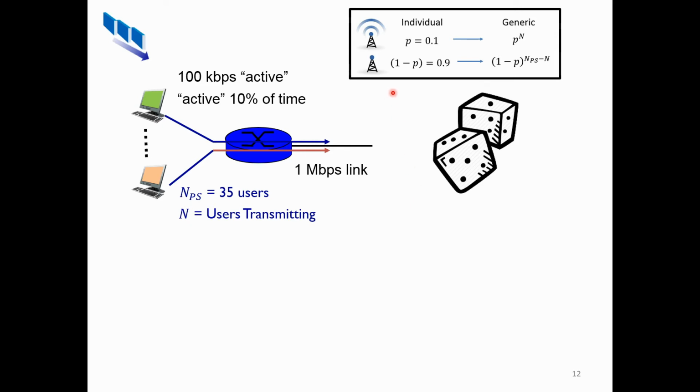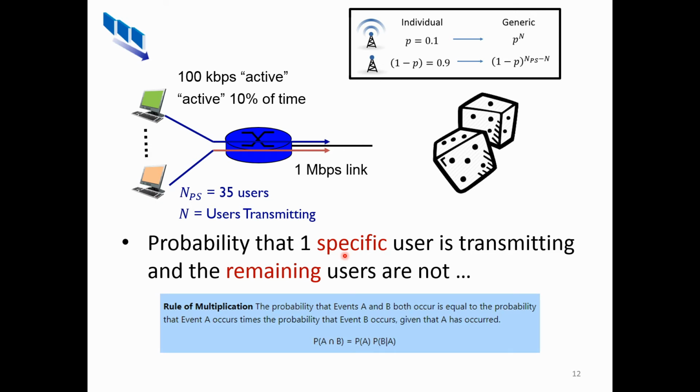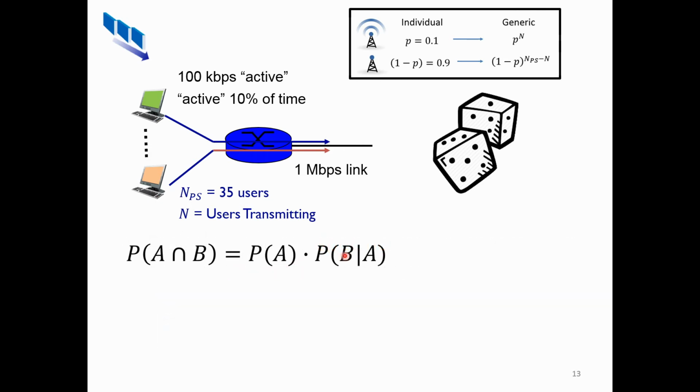And now I'm going to ask a different question. What is the probability to have one specific user transmitting and the remaining users not transmitting? Looking carefully, we are applying the rule of multiplication. Let's map that rule to what we know.